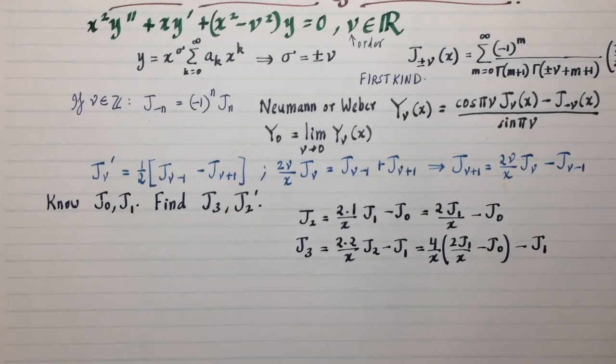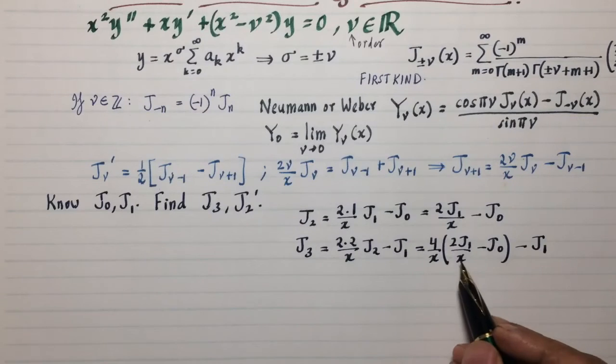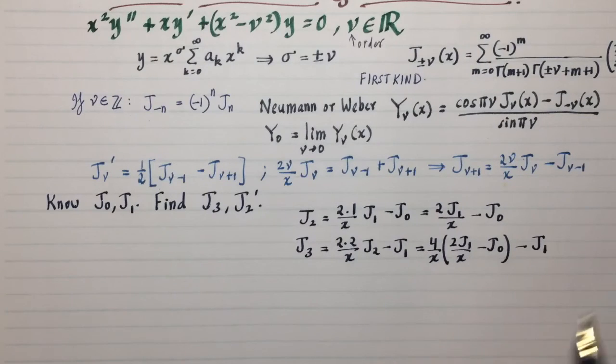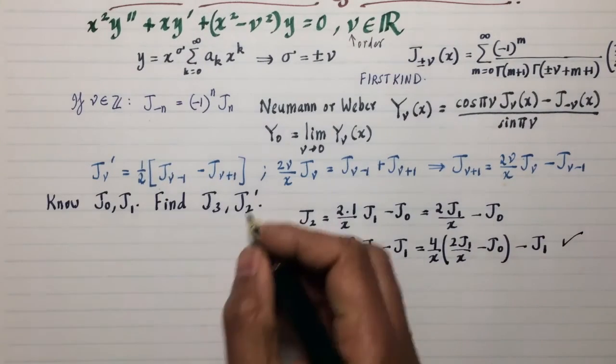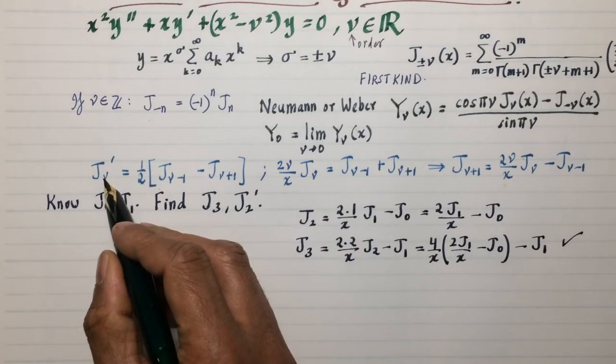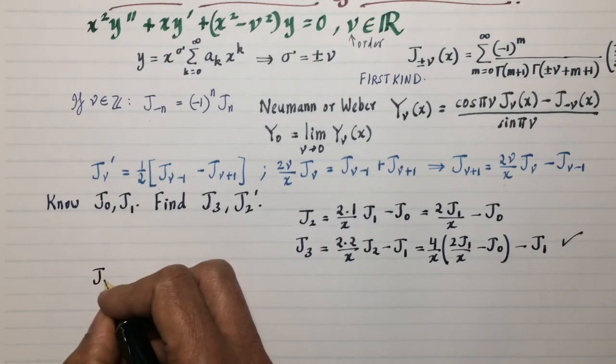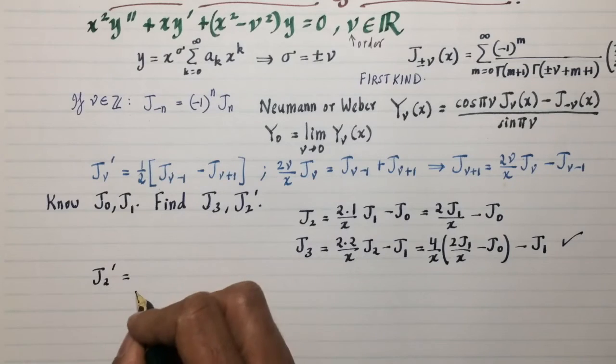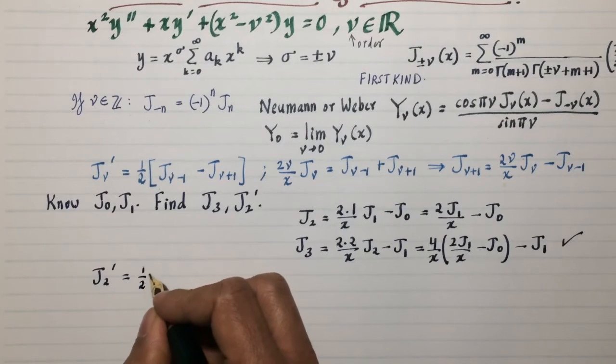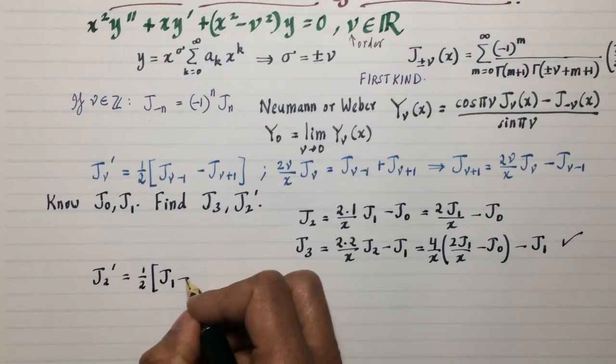J3 can be written in terms of the J1 and J0. I don't want to waste time simplifying it, but you can do that. So we know J3. What about J2 prime? There you have to use this. J2 prime is equal to 1/2 of J1 minus J3.